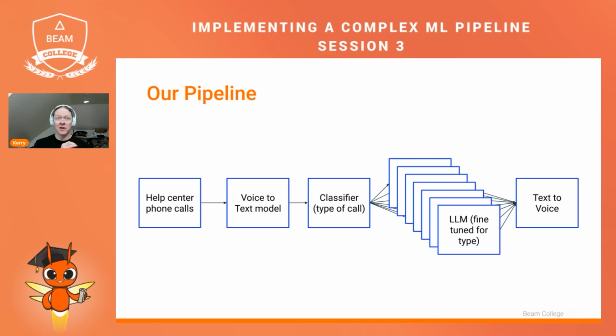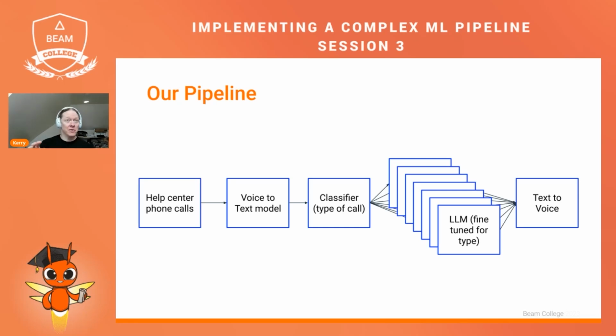We're going to classify the text as to what kind of support they're looking for. And then depending on that class they're assigned to, send them to an LLM. And in real life, we would use an LLM fine-tuned for that particular use case. For this example, we're going to use probably a variety of LLMs that are not actually fine-tuned, but that's what we would do in real life.